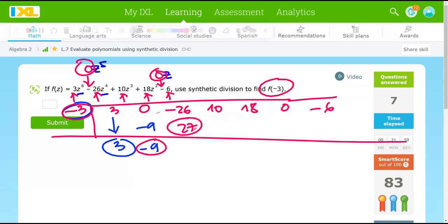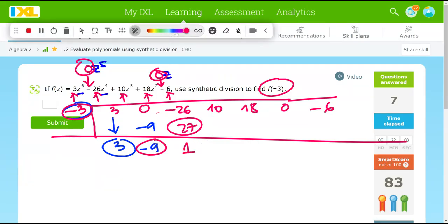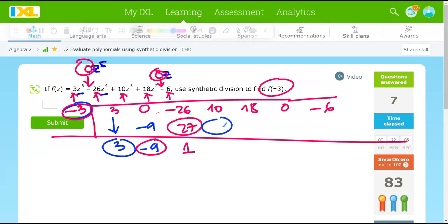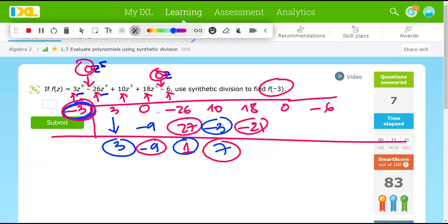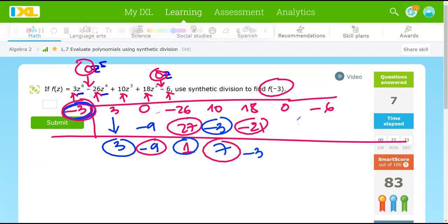Negative 26 add with positive 27 become number 1. Next one, I want the number right there. I take negative 3 times with 1 become negative 3. 10 with negative 3 is positive 7. Next, I want the number right here. So I take negative 3 times with 7, negative 21. Add together, I come out negative 3.